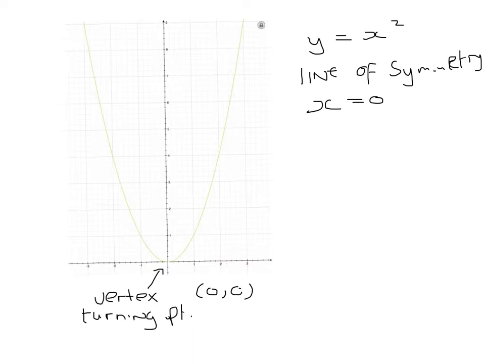Same here, out 3, 3 squared is 9, so we're going to go up 9, and the same on the other side because of the symmetry. So from the vertex we can draw any parabola using that rule. Out 1, up 1, out 2, up 4, out 3, up 9.